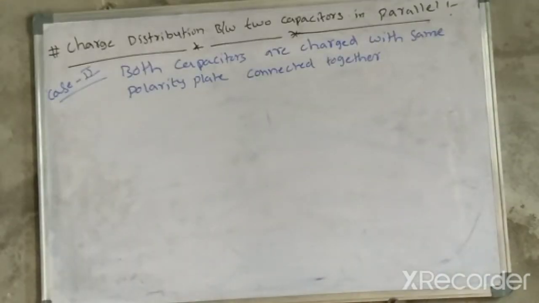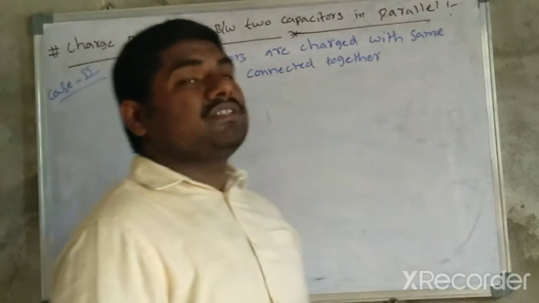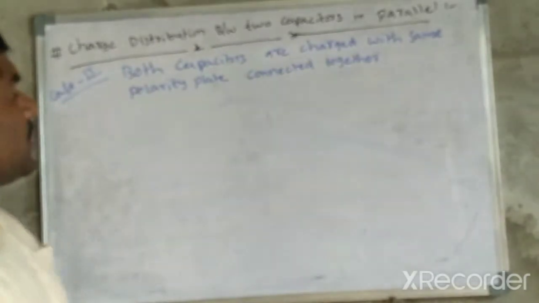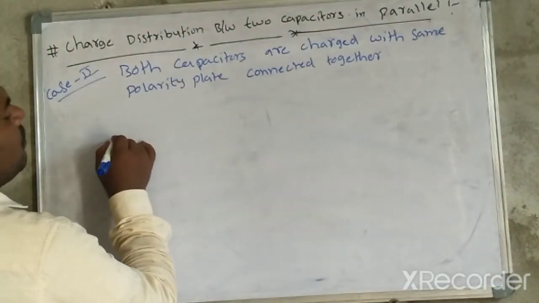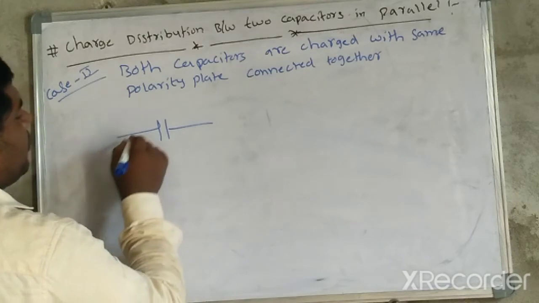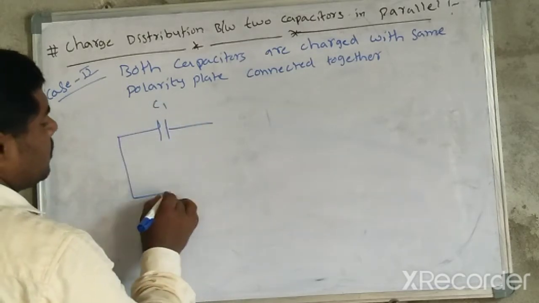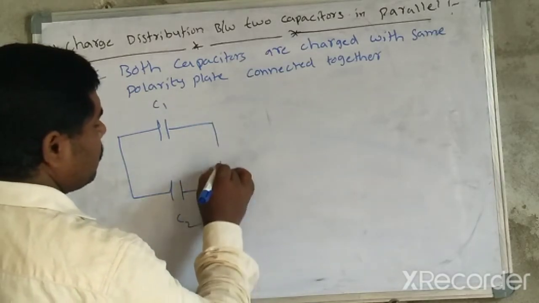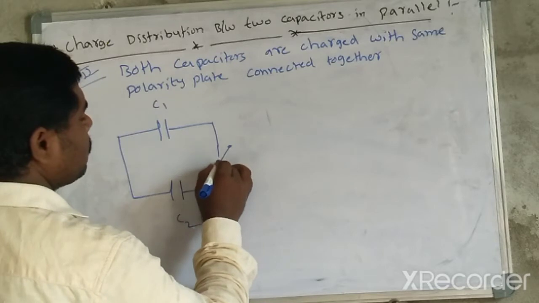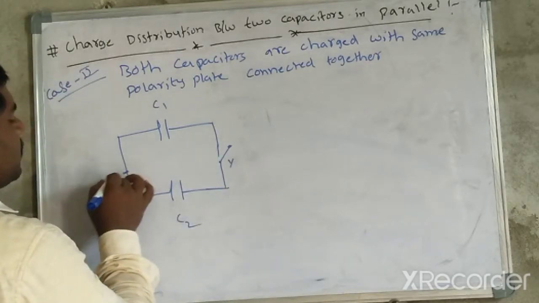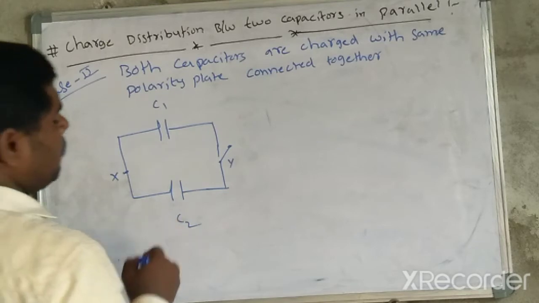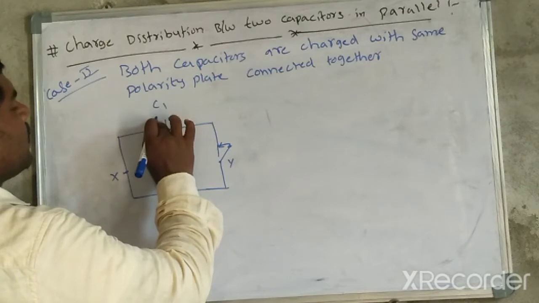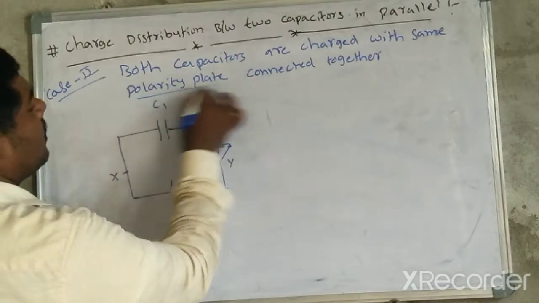Now the second case: both capacitors are charged, with the same polarity plates connected together. In this case also I take two capacitors in parallel. This is the first capacitor C1, and the other capacitor C2 is connected through a switch. Here is potential Y and here is potential X. The same polarity plates are connected.